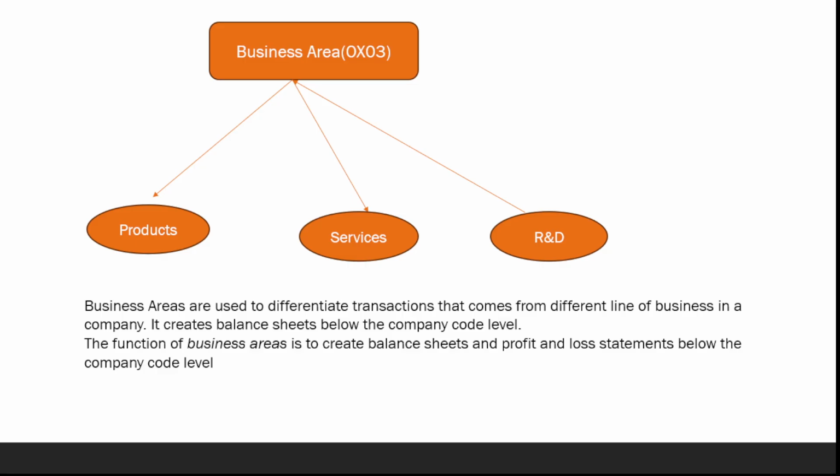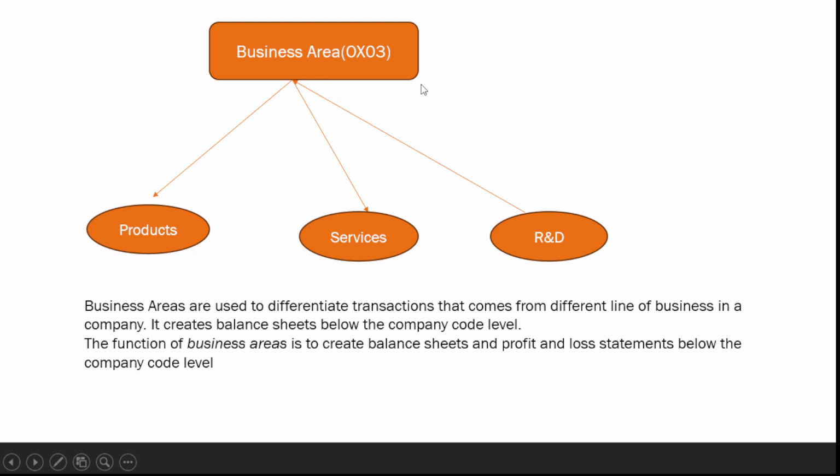Nowadays we mostly use the profit center, which is on the controlling side, and business area functionalities can be duplicated by using the profit center, because a profit center can act as a business area as well. And business areas are independent of any FI structure.